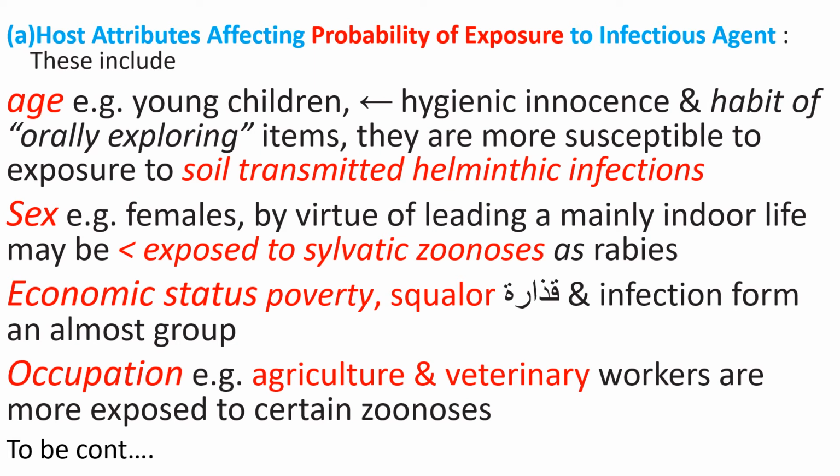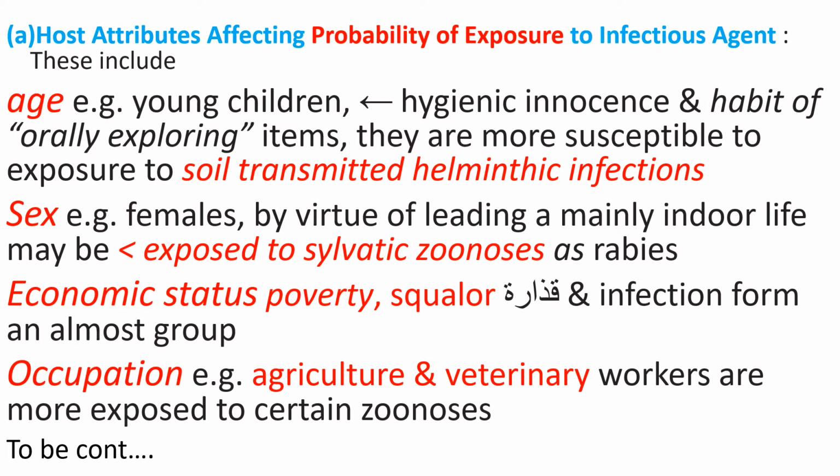Age. Young children, due to hygienic innocence and the habit of orally exploring items, are more susceptible to exposure to soil-transmitted helminthic infections. Sex. Females lead a mainly indoor life, so they are less exposed to sylvatic zoonoses such as rabies.